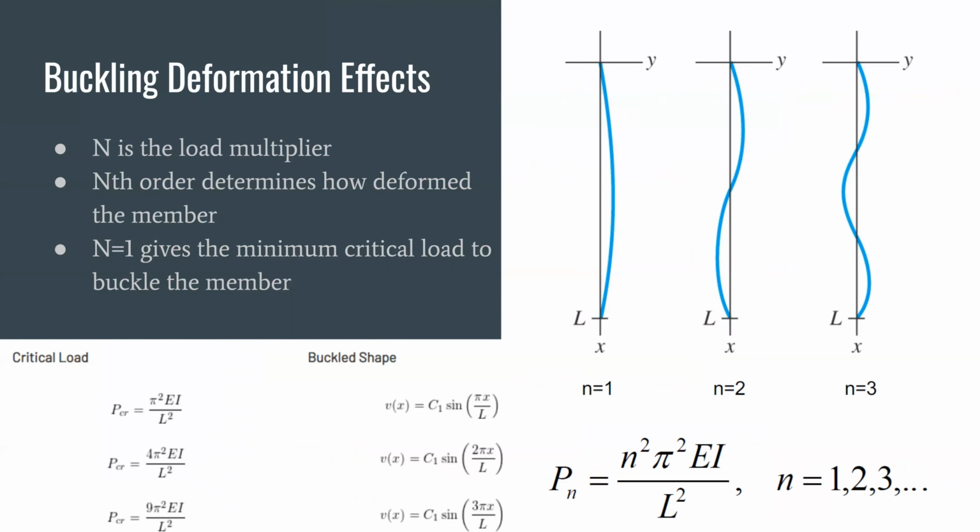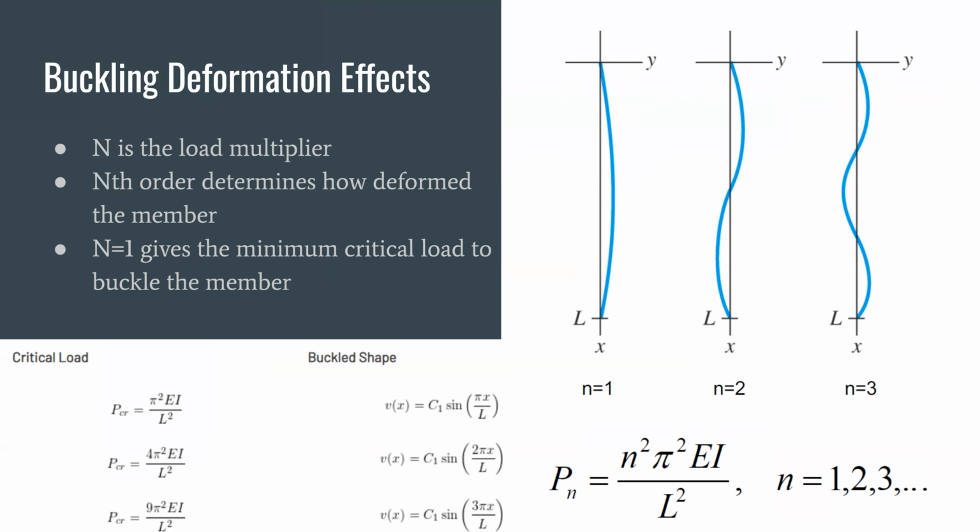For the buckling deformation effect, n is a load multiplier. The order of n determines how the member deforms. Remember, n equal to 1 gives the minimum critical load for buckling in the member.